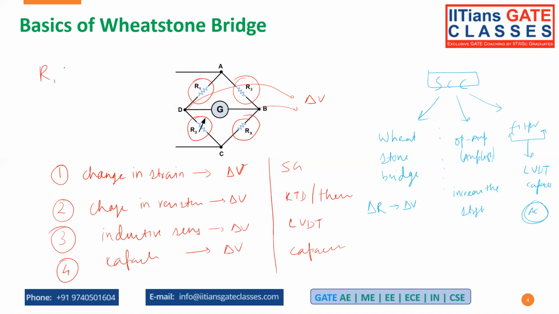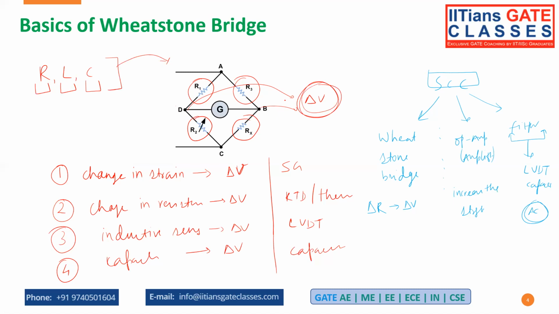If you are using any sensor which provides output as change in resistance, inductance, or capacitance, in these three scenarios you have to use your Wheatstone bridge to convert it into change in voltage, right? So this is the most important application of the Wheatstone bridge.